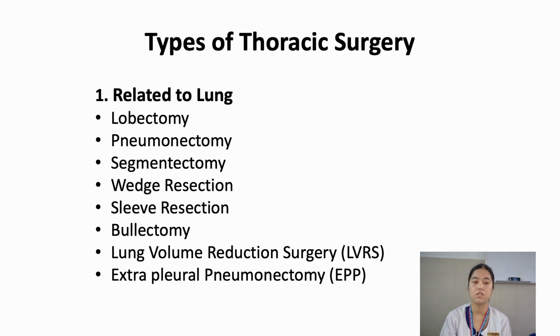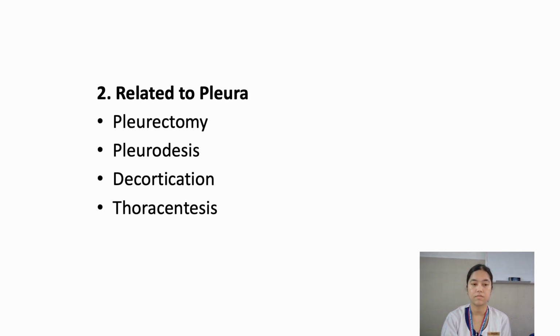There's a list of thoracic surgeries, and most of them are often performed in our setting. Related to lungs, there's lobectomy, pneumonectomy, segmentectomy, wedge resection, sleeve resection, bullectomy, lung volume reduction surgery, extrapleural pneumonectomy. Related to pleura, pleurectomy, pleurodesis, decortication, which is the removal of the fibrous layer in the pleura, thoracocentesis.